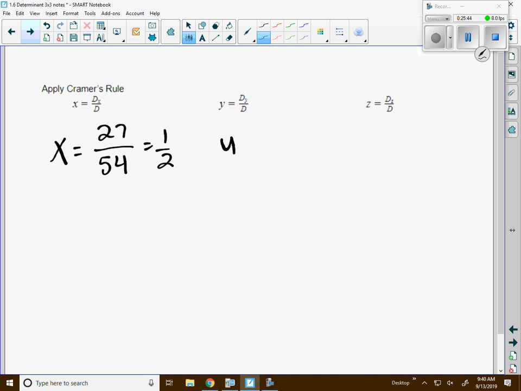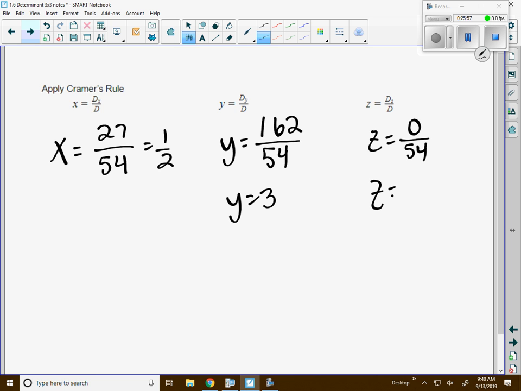DY was 162, divided by 54 is 3. 0 divided by 54 is 0. Remember, our whole point of doing this process is to find where all 3 lines would intersect. So we want a coordinate point. Your final answer would be 1/2, 3.